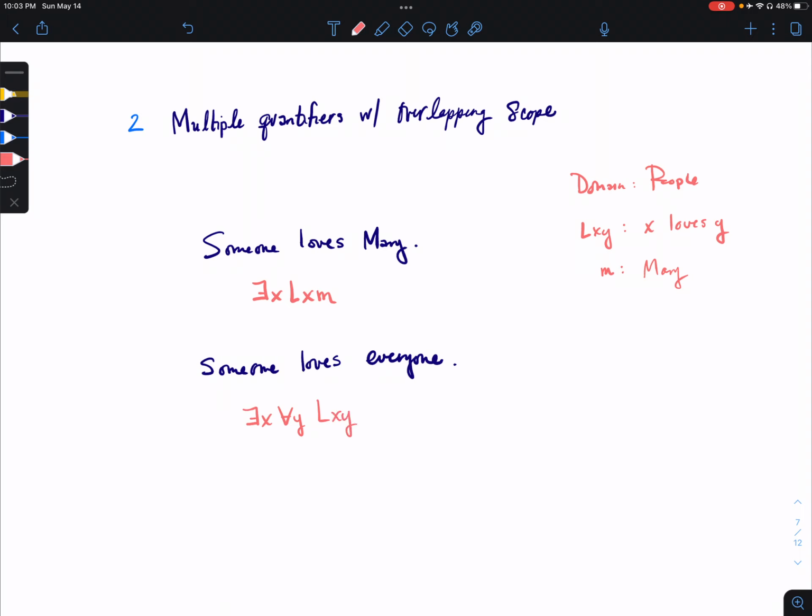So there's at least one person in the domain that loves every other single person in the domain. This is the at least one, and then every other person in the domain could be slotted into the y spot here to make a true sentence.